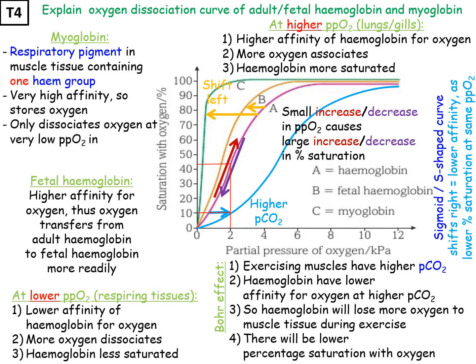It only dissociates oxygen at very, very low partial pressure of oxygen in very active muscle tissue. So this would be a scenario where there's exercise happening, we're running out of oxygen, the oxygen partial pressure decreases and is very, very low, and that's when the myoglobin will dissociate the oxygen to be used. So it acts as an oxygen storage.